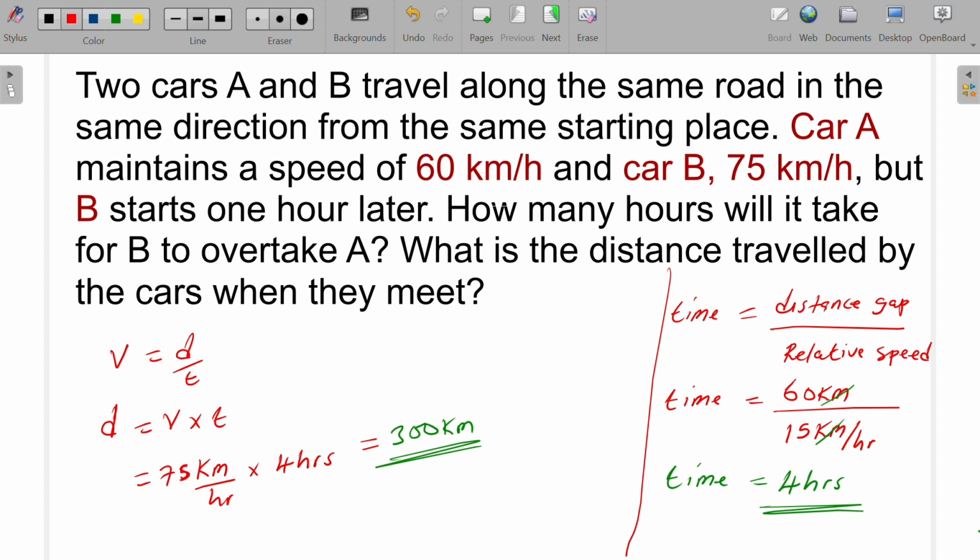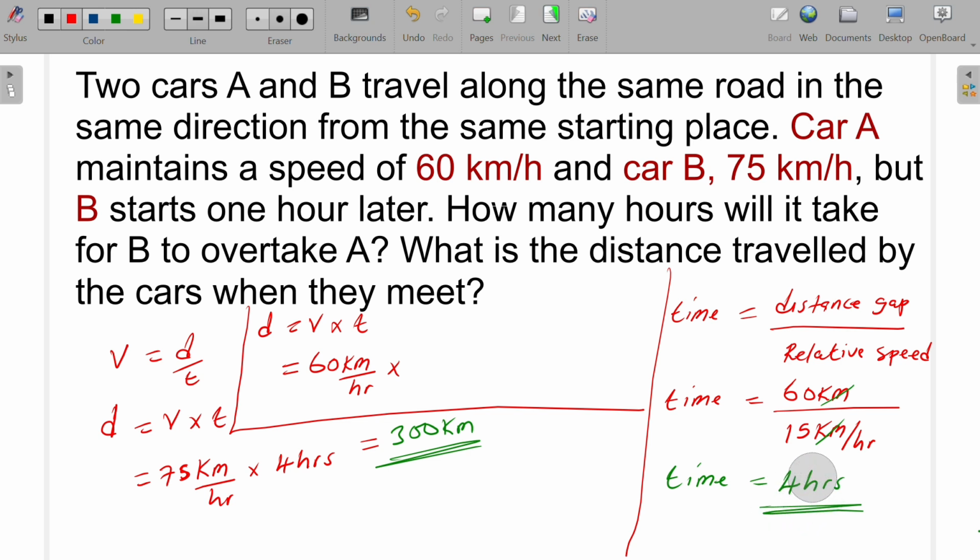So distance is equal to speed multiplied by time still, and this is equal to the speed for car A, which is 60 kilometers per hour, multiplied by, now remember the 4 hours that we calculated here, this is the time it has taken car B to reach where car A is.